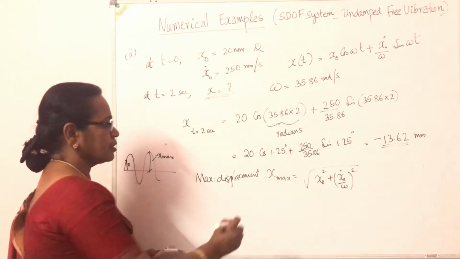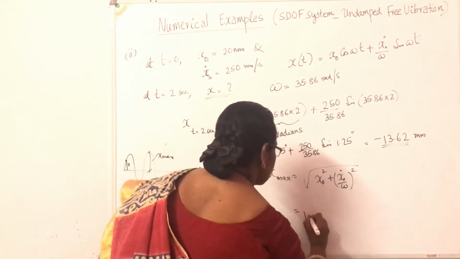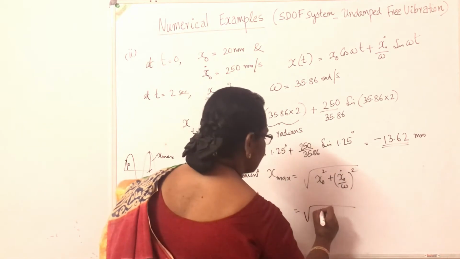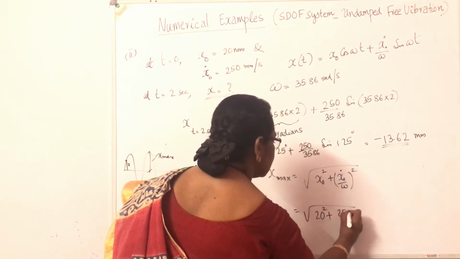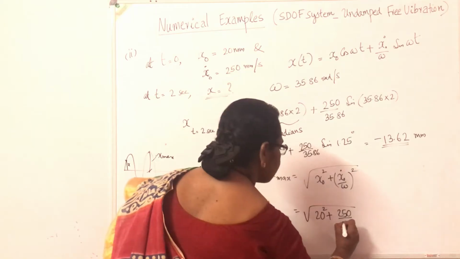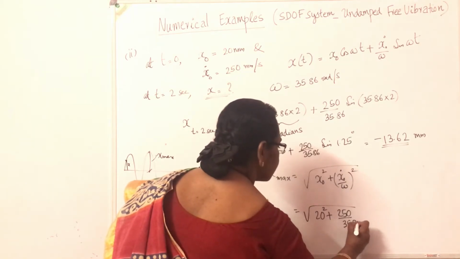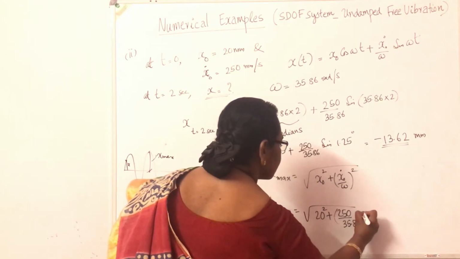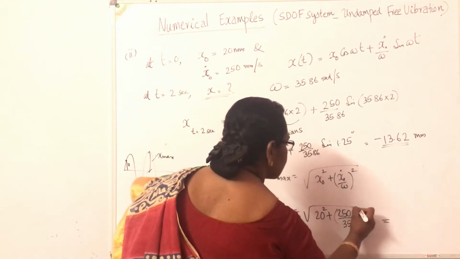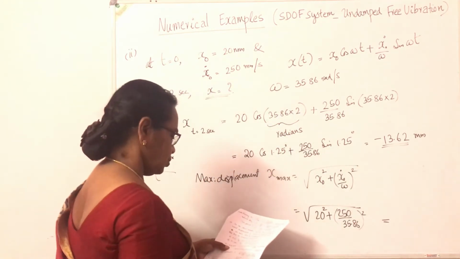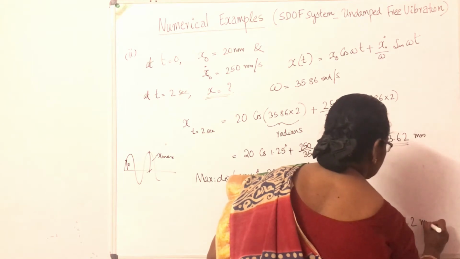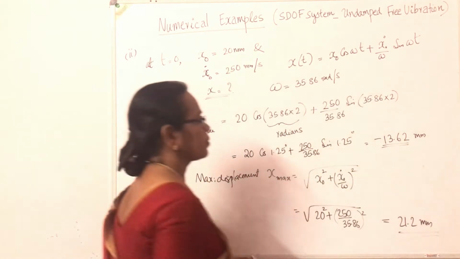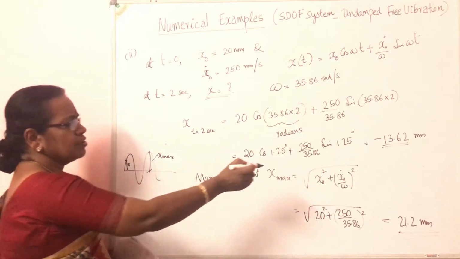Substituting, root of 20 squared plus the square of 250 divided by 35.86, that works out to 21.2 millimeter.